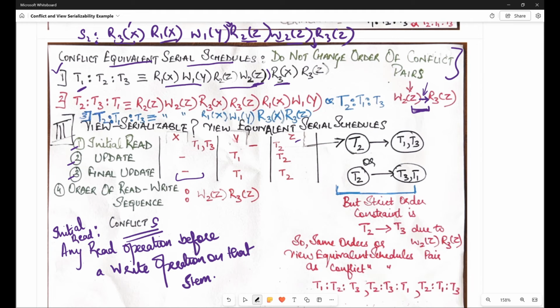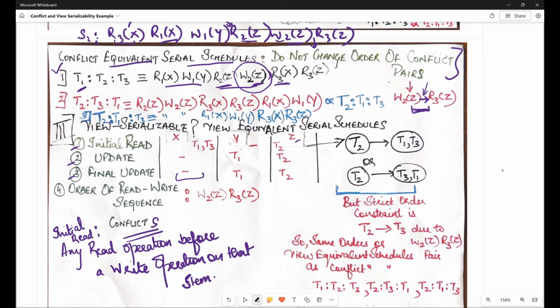We see a write operation here. So all the read operations on Z before this: there is a single read operation on Z before this, which is R2(Z). So only T2 performs an initial read. Remember, initial read and read are two different concepts. Don't make a mistake. Don't write T2 and T3 over here.